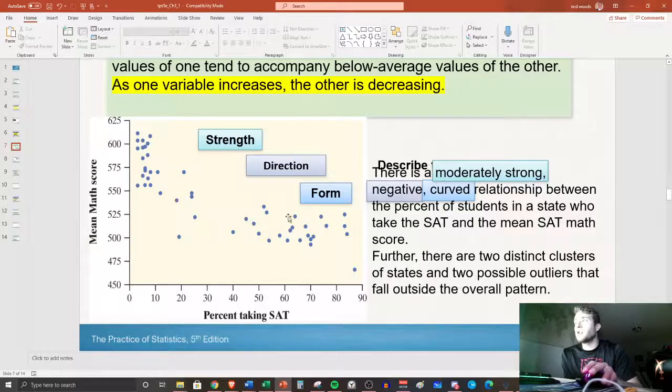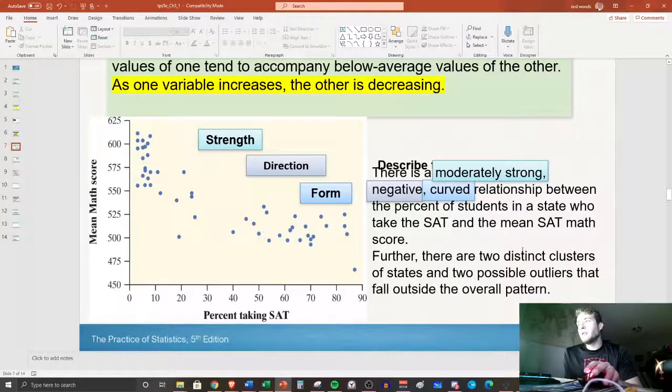So you're talking about the overall shape between the percent of students in a state who take SAT and the mean SAT math score. Okay. So the states that have fewer have higher scores. That kind of makes sense if you think about it. We force ACT in this state. If you ever take the SAT, you're probably a motivated student to go out there and take this other test, right?